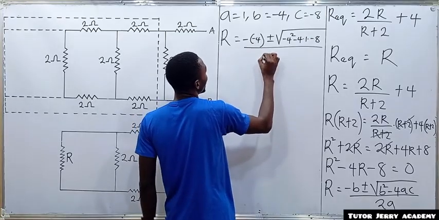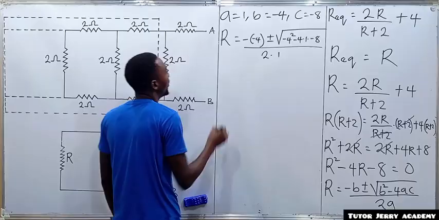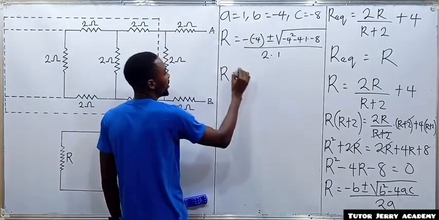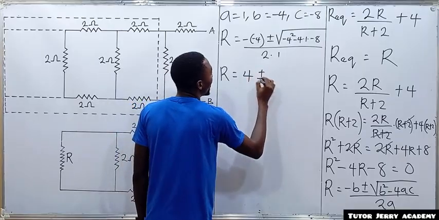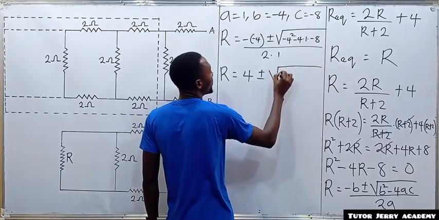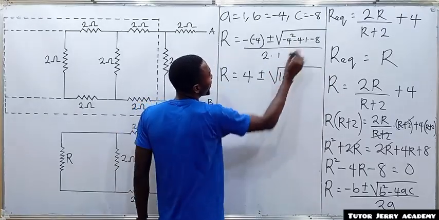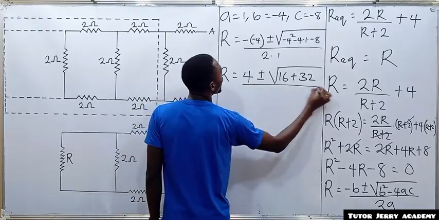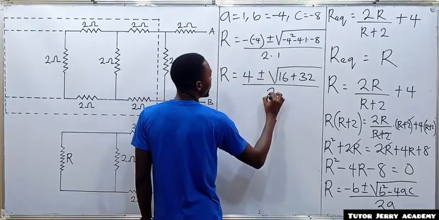All over 2A, that is 2 multiplied by 1. So R will be equals to minus 4 is plus 4, plus or minus square root of minus 4 squared is 16, minus 4 by 1 multiplied by minus 8, that is positive 32, all over what? All over 2 times 1 is 2.